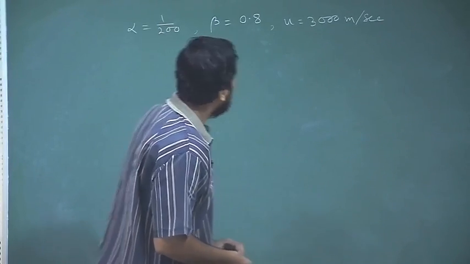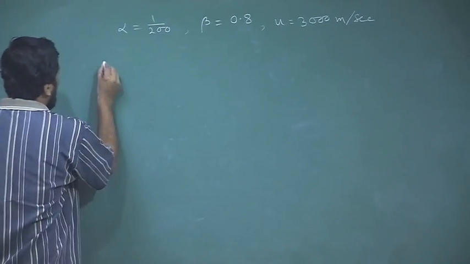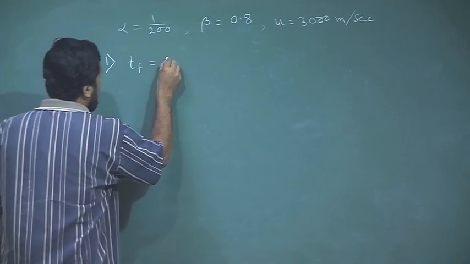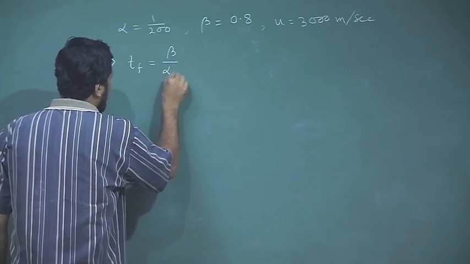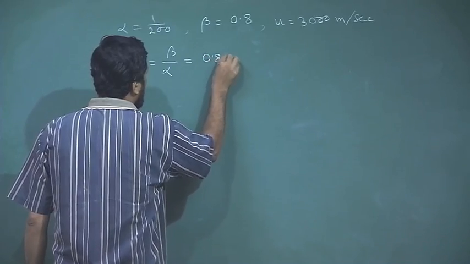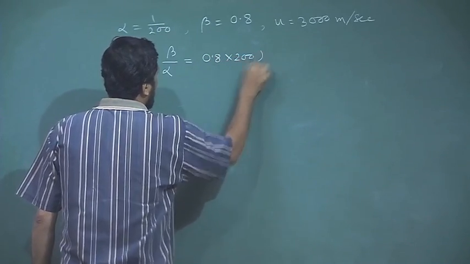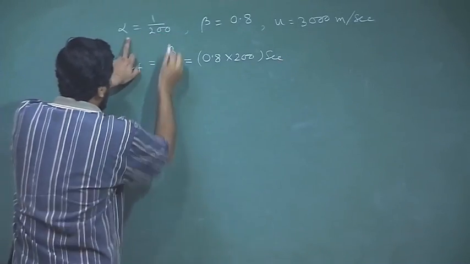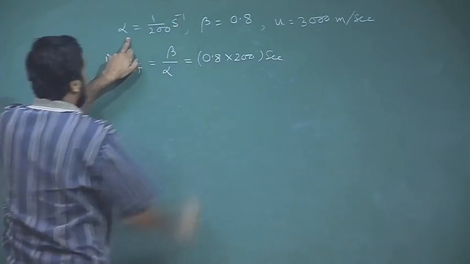That's all we need. Now, calculation of total time of flight is pretty straightforward, because Tf, if we recall, is simply beta by alpha. So, it will be 0.8 into 200 seconds. So, the unit of alpha, if you understand, is second inverse.